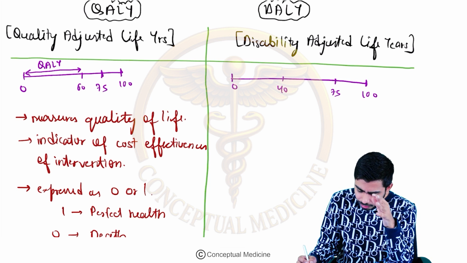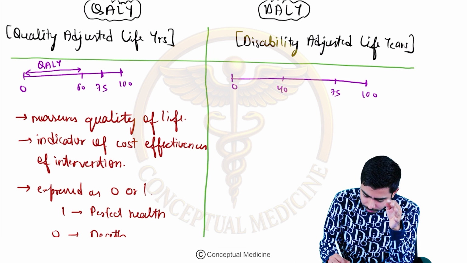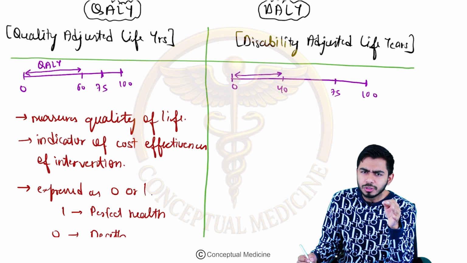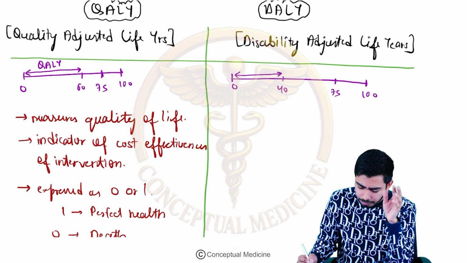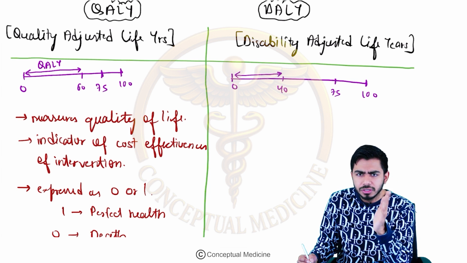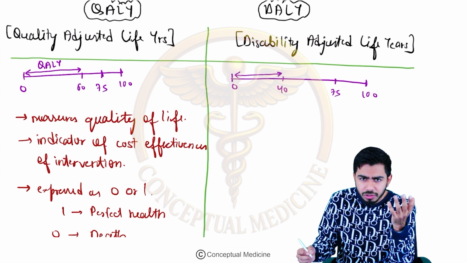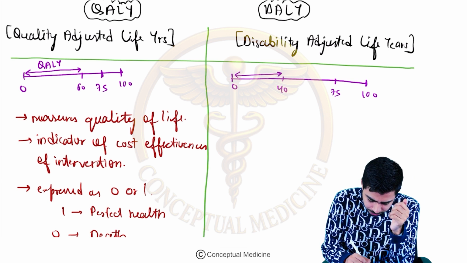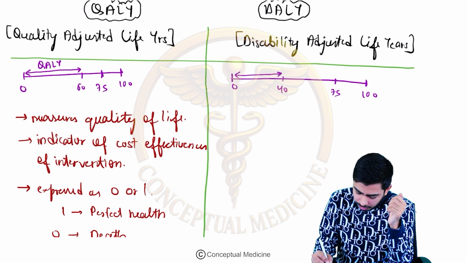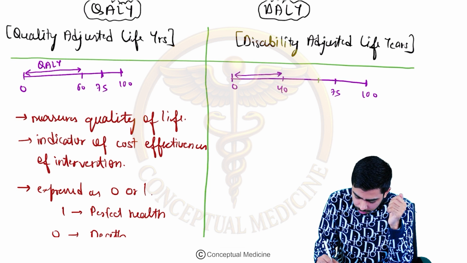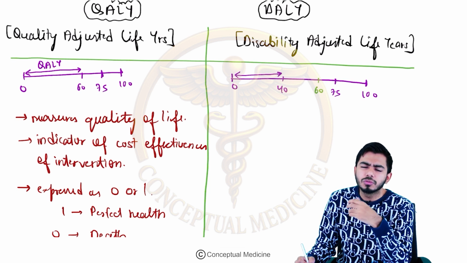Till this point of time, this was the quality adjusted life years. But after that what happened? The person started having seizures, and started on anti-epileptics, and let's say unfortunately at the age of around 60 years this person died due to complications.